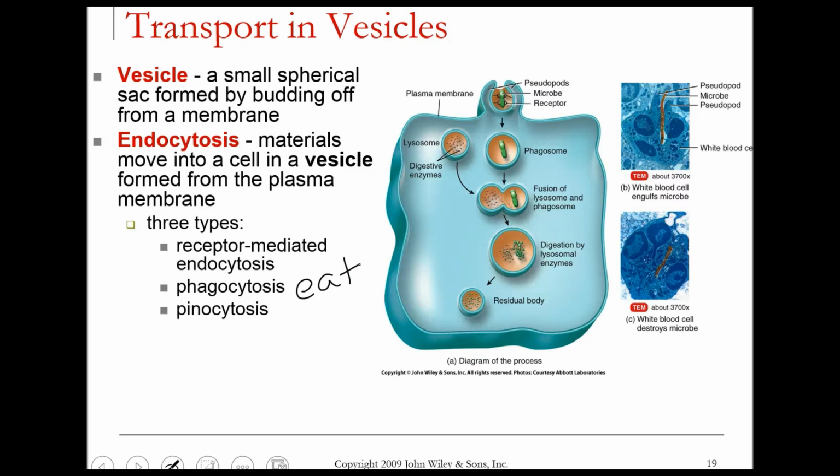The cell membrane will extend false arms called pseudopods out and surround the large particle and pull it into the cell. Then, similar to receptor-mediated endocytosis, a lysosome with its digestive enzymes will help digest the particle.